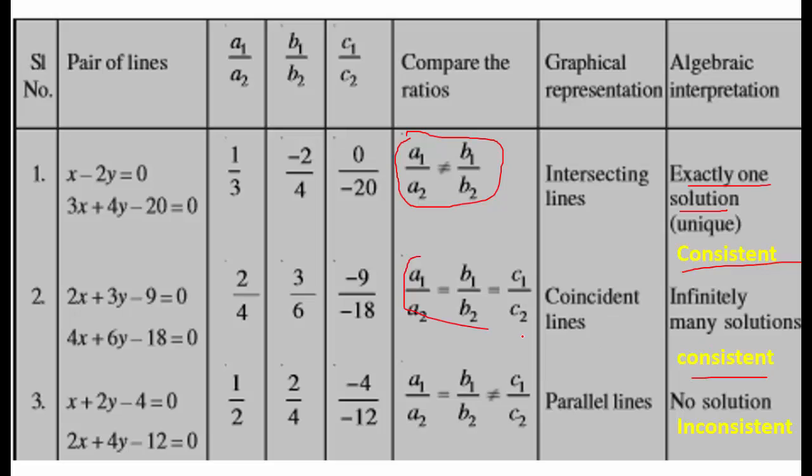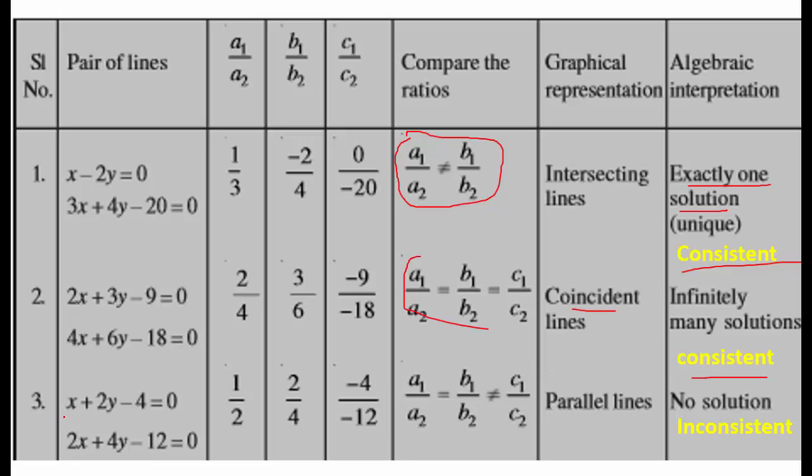I am repeating, a1 by a2 equals b1 by b2 equals c1 by c2. This is the condition for coincident lines, and it has infinitely many solutions and is called a consistent pair of linear equations.